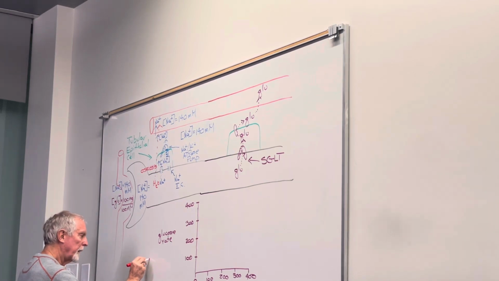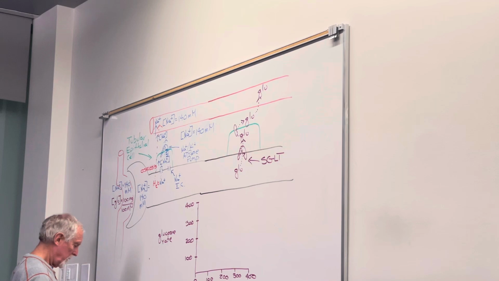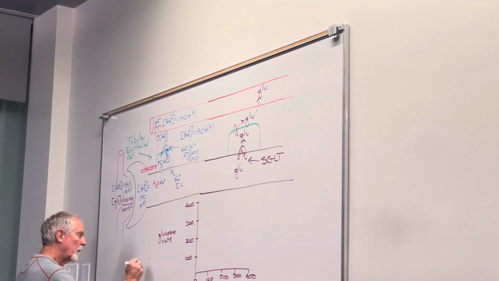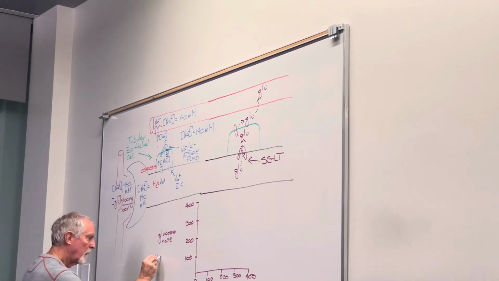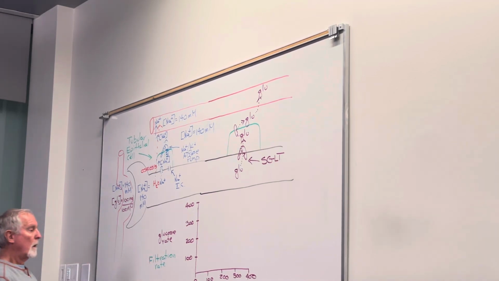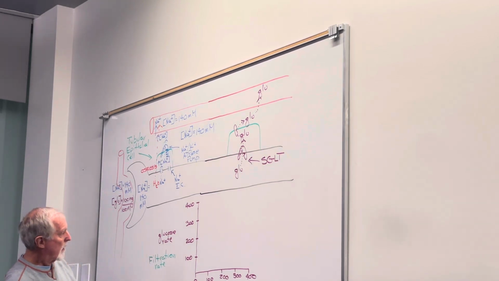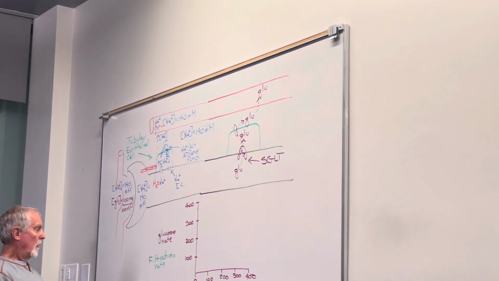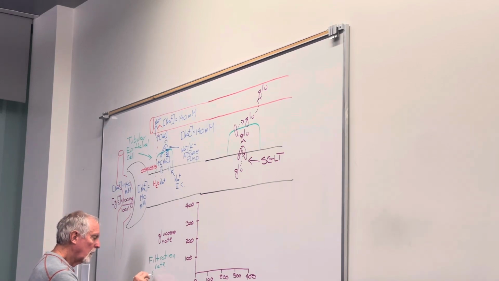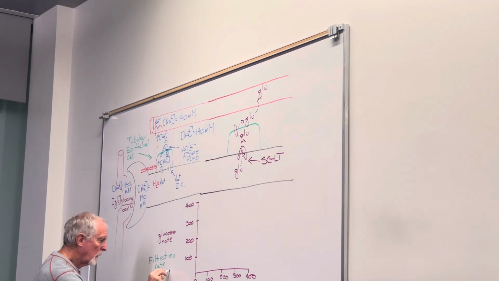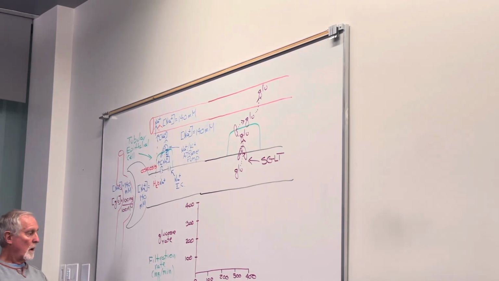I'm going to do filtration rate in green, just to have some contrast. So we're talking about filtration rate of glucose in milligrams per minute, just to be clear.